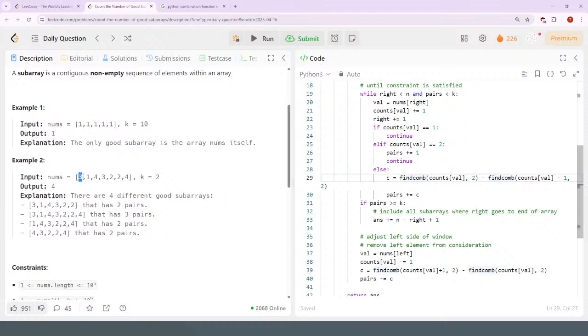I'm going to say 3 is added, 1 is added, 4 is added, 3 is added, the number of pairs is now 1, 2 is added, 2 is added, the number of pairs is now 2. So I stop there. And then I decrease the left side. And then I increase the right side until I get to 4.